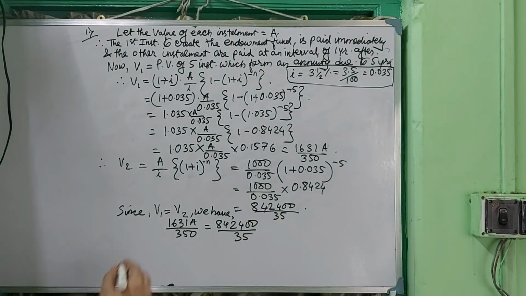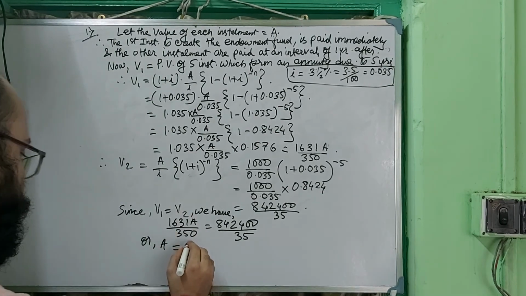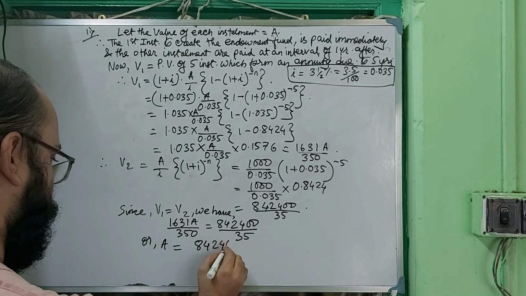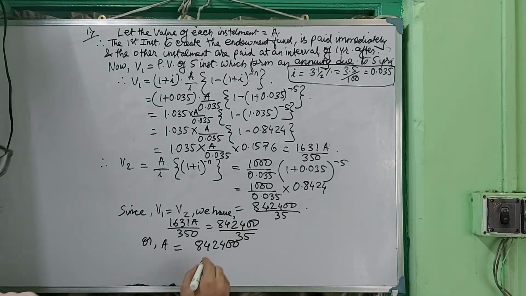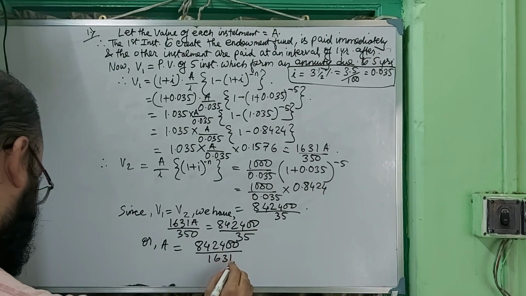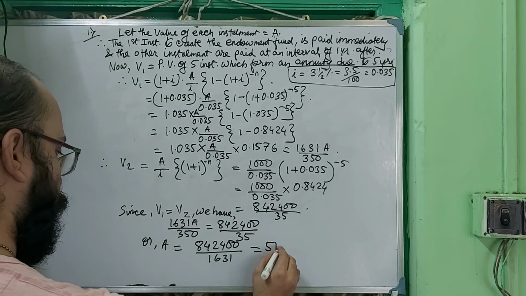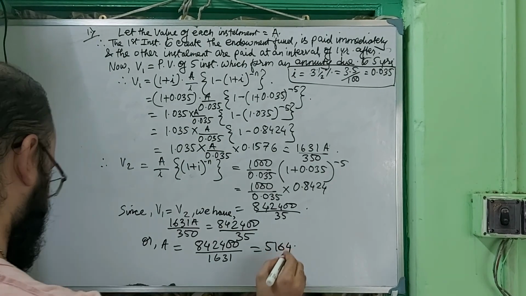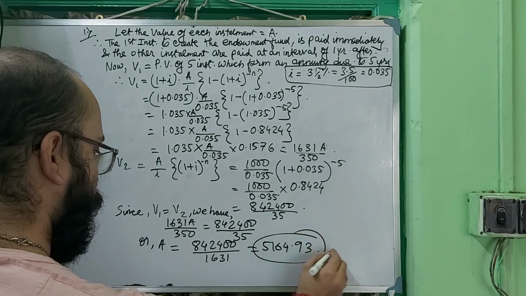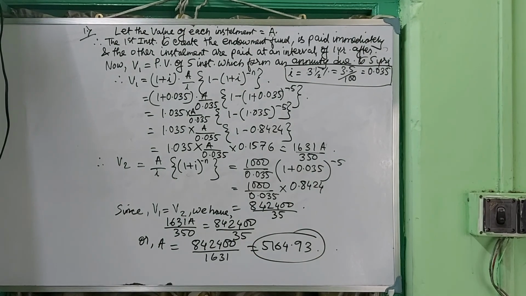If you calculate it, or A is equal to, just cross multiply, 842400 by 1631 will become 5164.9. That is your answer, the value of each installment.